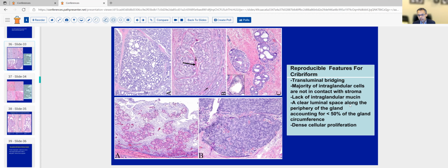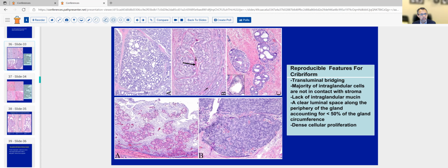Then a clear luminal space should account for less than 50% of the gland circumference, or the periphery of the gland. As you can see here, these are some of the peripheral luminal spaces, but they account for less than 50% of the glandular circumference.